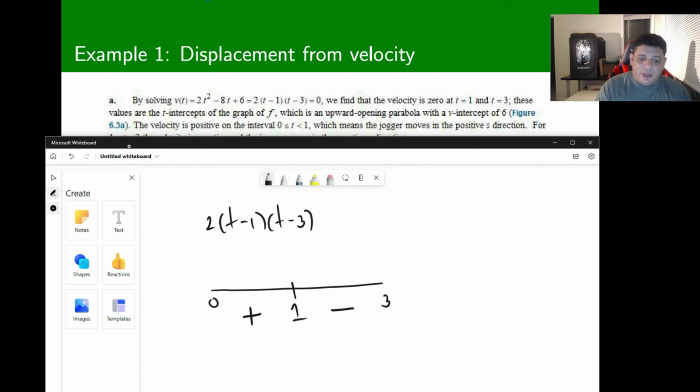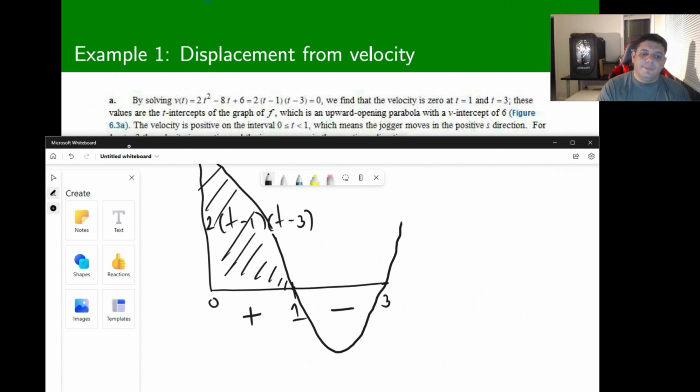In terms of what's going on, because this is a parabola, you have this kind of behavior going on. And so the area under the curve is going to be positive between 0 and 1.